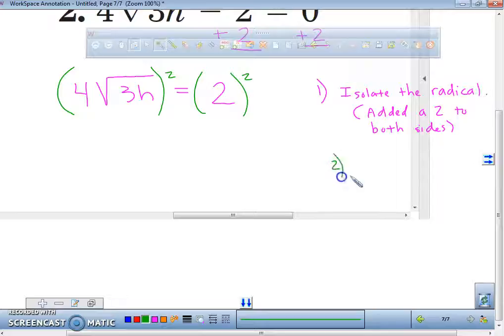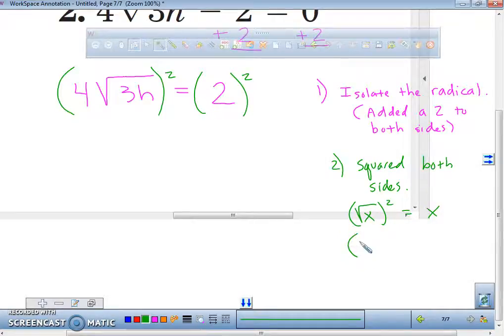Now, something you need to be aware of. Step number 2. What did we do to both sides? We squared both sides. Now, just remember, if I have a radical x and I square a radical x, that's just x.